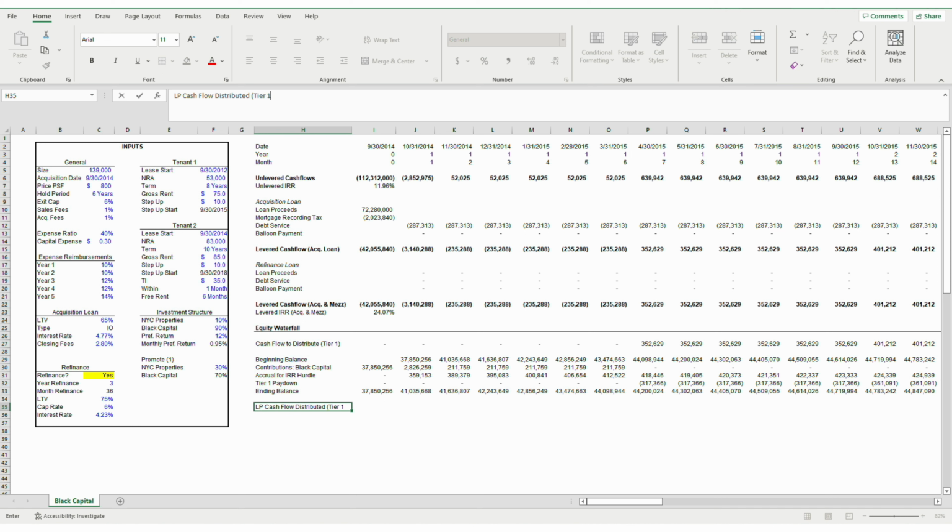The LP and GP cash flows for Tier 1 are straightforward. For the LP, it's the distribution from the waterfall since the waterfall is from the LP's point of view. For the GP, it's the GP's pro rata share of the distributions.